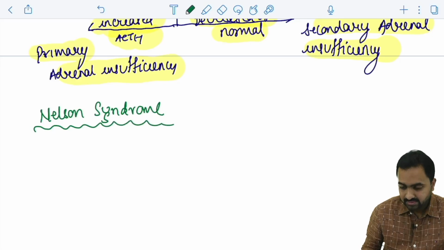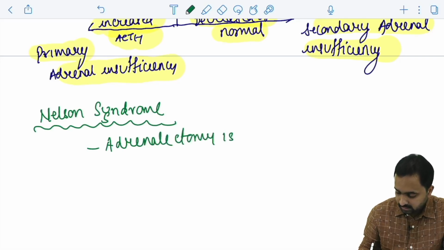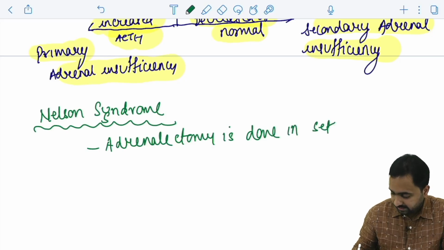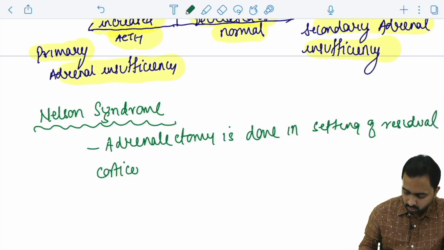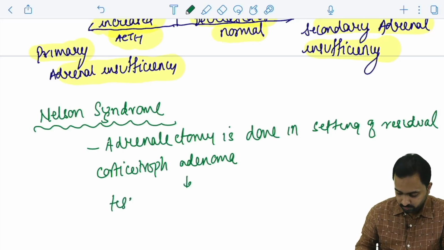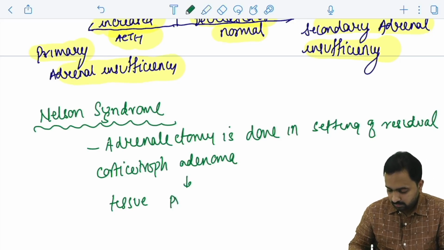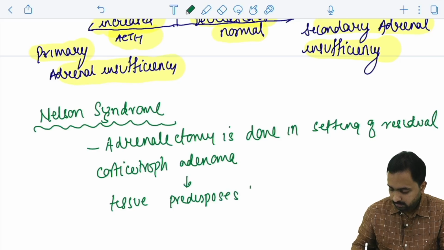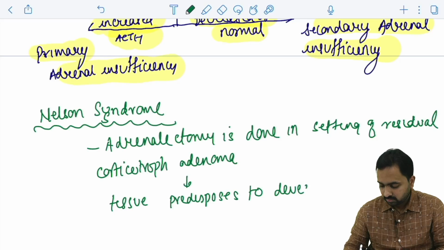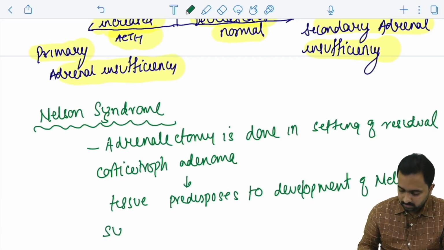What happens in Nelson syndrome is when an adrenalectomy is done in setting of residual corticotroph adenoma, this tissue predisposes to development of Nelson syndrome.